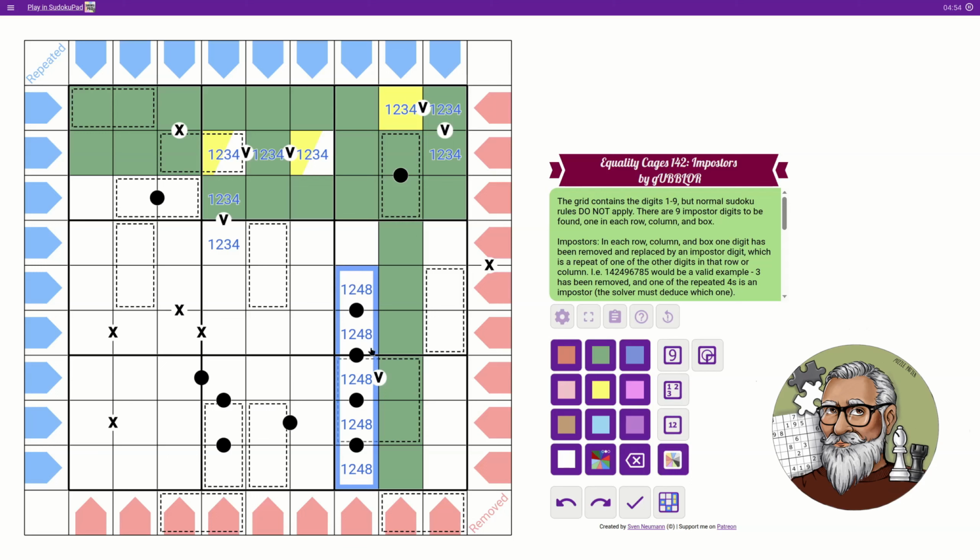So we do have a yellow here. That means that this one isn't yellow. I don't know if that's important or not, but one of those is a yellow. How is that going to work? Well, I guess we have to repeat a 2 or a 4.